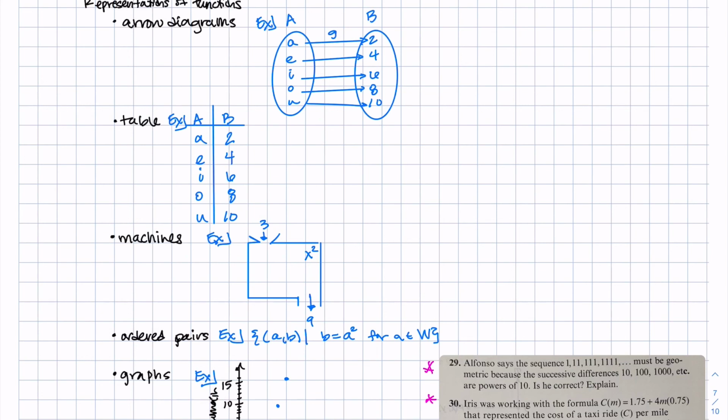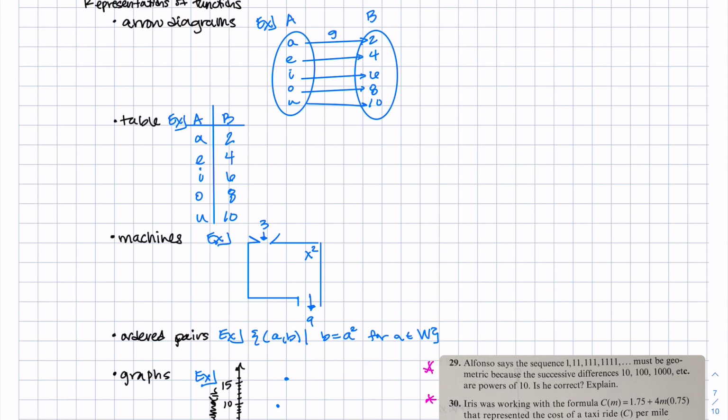Another way we can represent functions is with machines. The nice thing about representing a function using a machine is that it's a really dynamic way of thinking of a function. Ordered pairs, which we've talked about, and even tables are really static visualizations of a function.